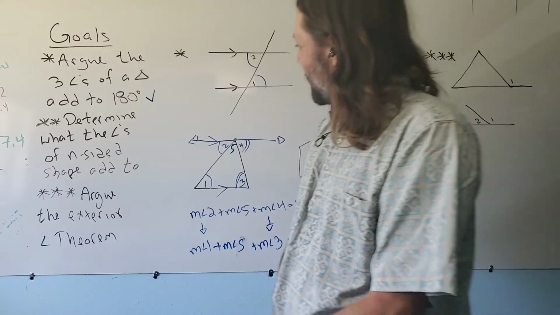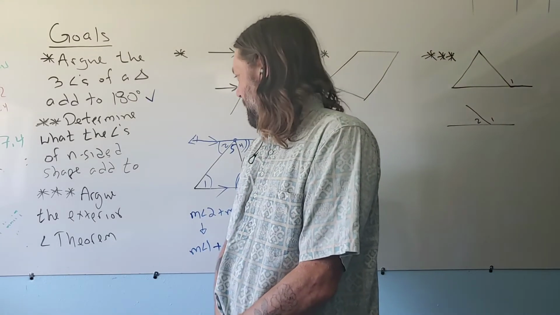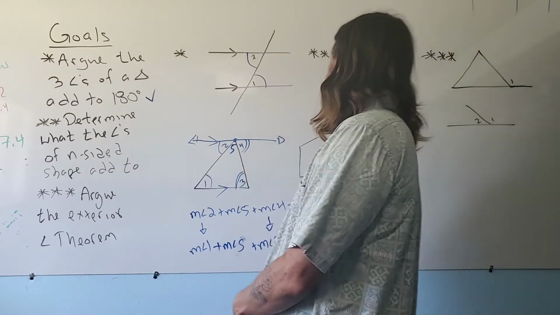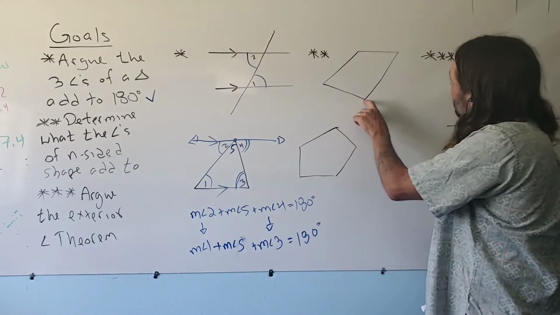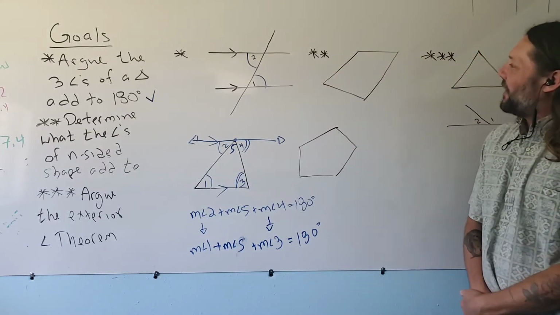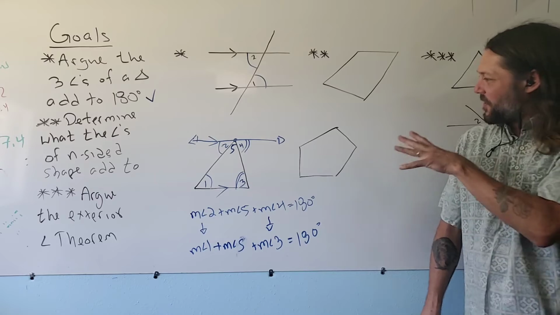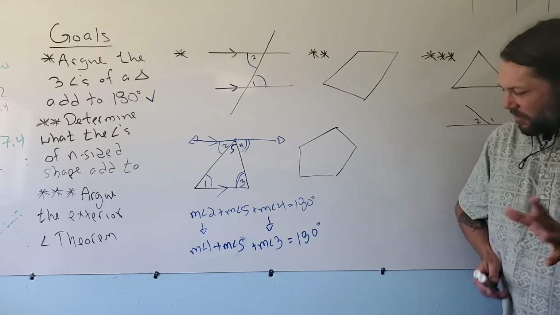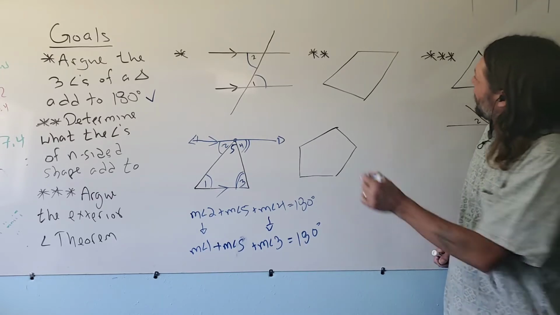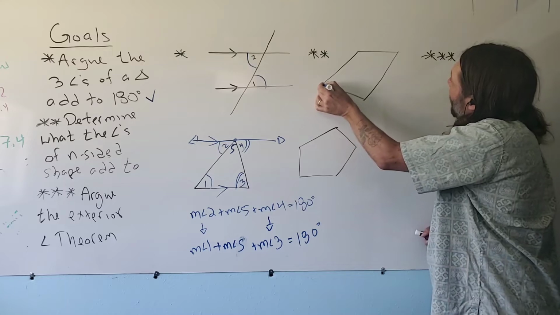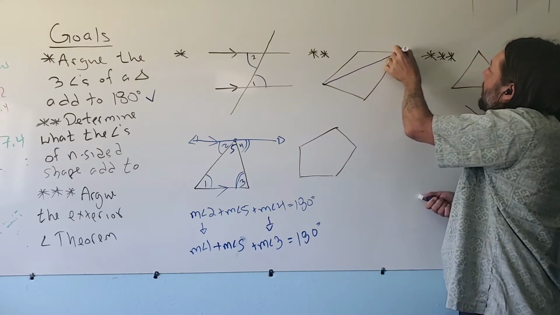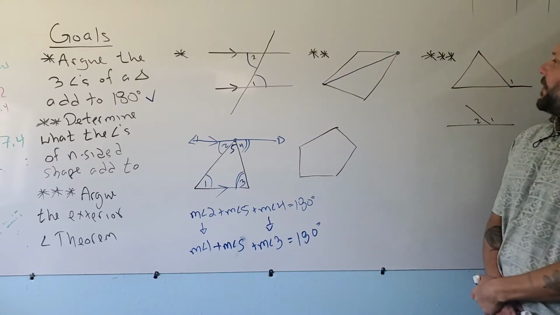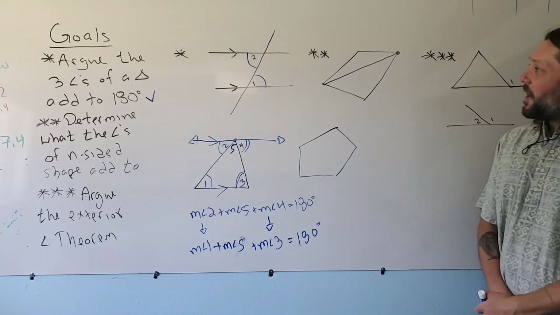So the next goal is to determine what the angles of an n-sided shape add up to. I'm here on my second goal, and I have a 4-sided shape, which doesn't seem to be like a triangle. However, if we look at this 4-sided shape, I can connect opposite vertices and then have 2 triangles.